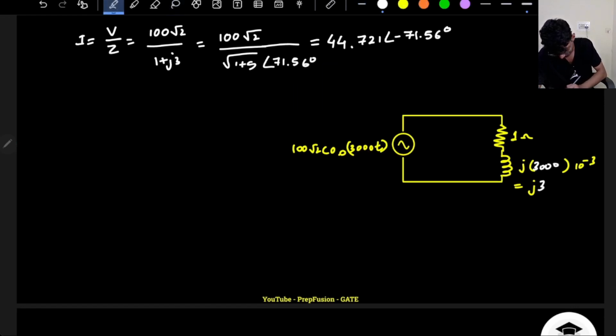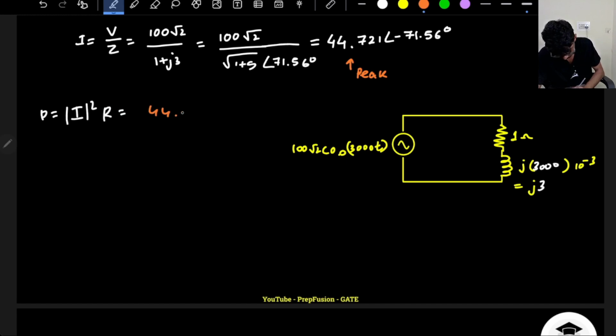Now from here I can directly write the power. What will be the power in this case? It will again be I RMS square into R. Remember, this is the peak, so don't forget to divide by root 2 as well.